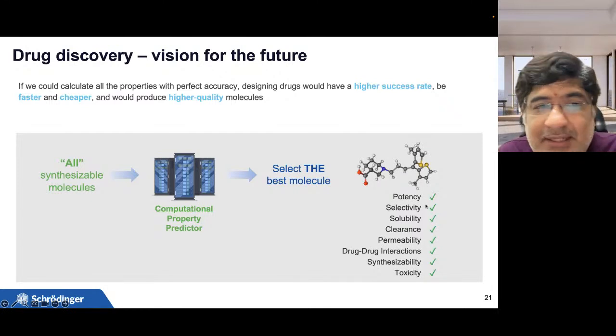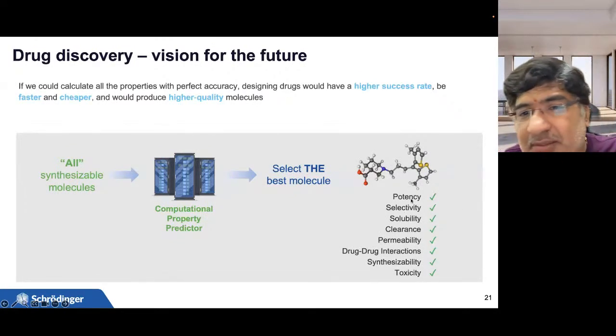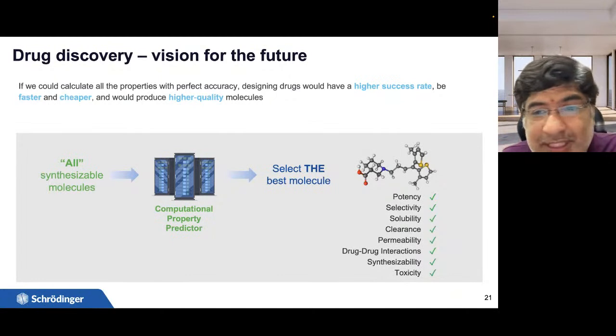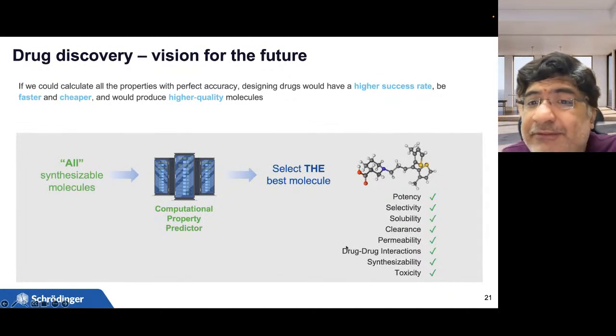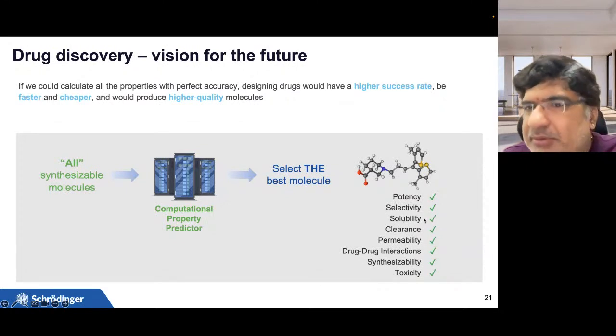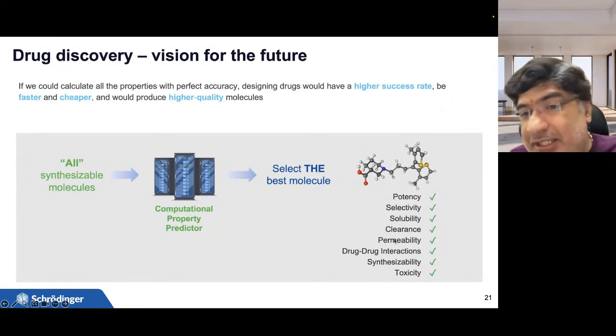Ideally, properties like potency, selectivity, solubility, permeability, I should be able to very accurately predict. But are we there? No, not yet. At least a few properties we are able to predict very accurately, like potency, selectivity, solubility, to some extent clearance, and to a greater extent permeability.